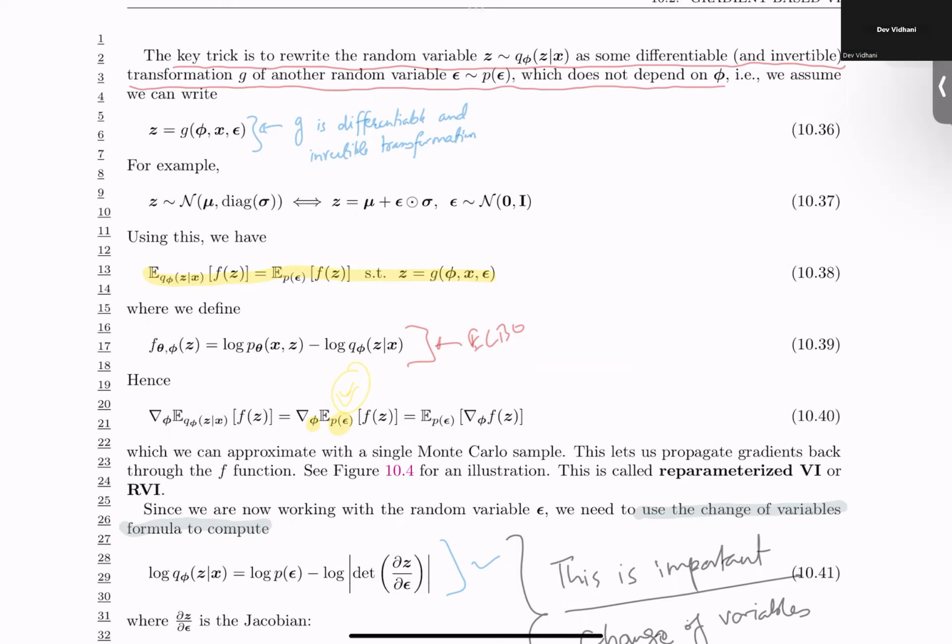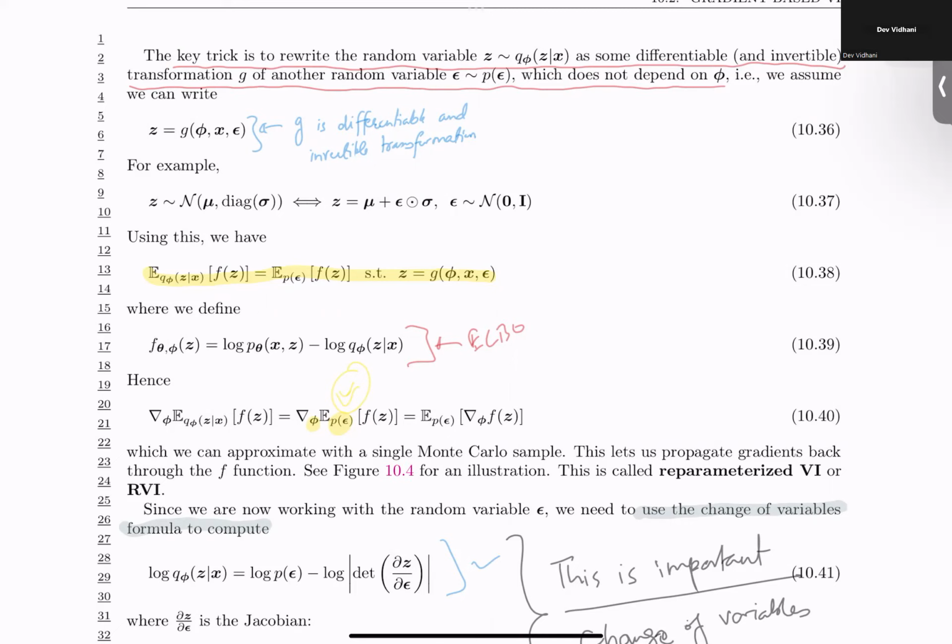However, with Z modeled as mu plus epsilon, dot product with sigma for multiple dimensions here, where epsilon is the new random now with standard Gaussian, then all I have to do from my network phi is to estimate mu and sigma, and whatever those values it comes.